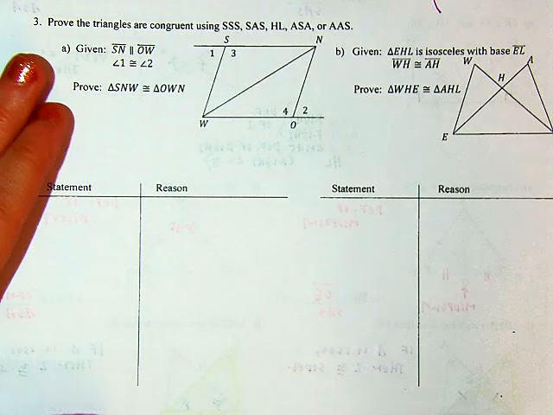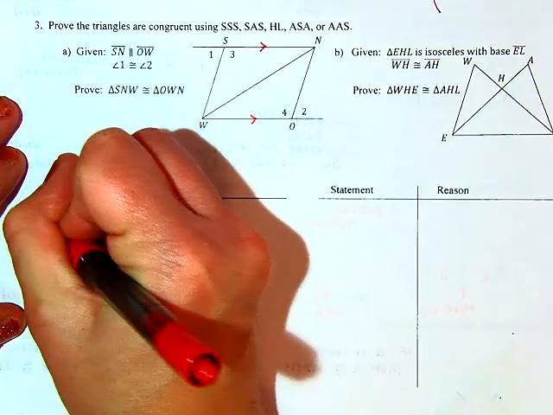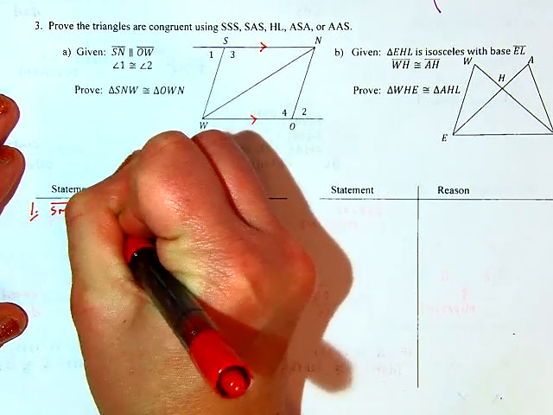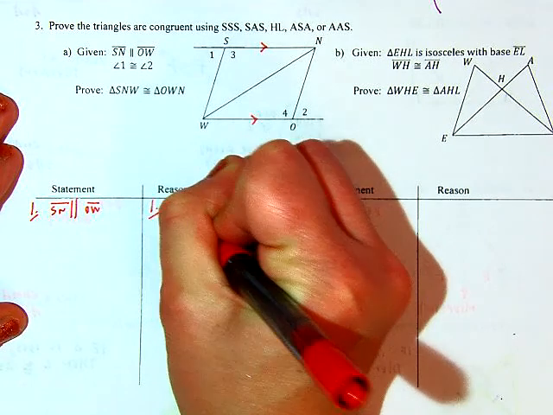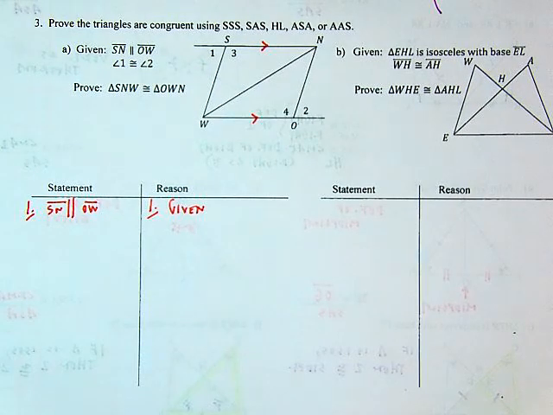SN is parallel to OW. Given. Okay, so how do I build off of that? Here I would likely use my colored pencils.